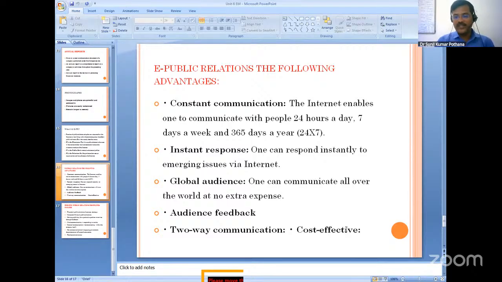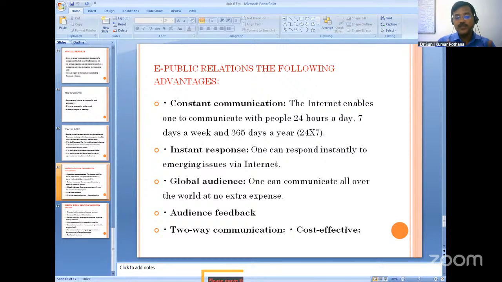Generally, organizations establish call centers, and there are employees to run the call center. So the customer can contact the customer care number at any time, 24 hours, and get information about the product. They may get clarifications. It is possible with e-public relations.